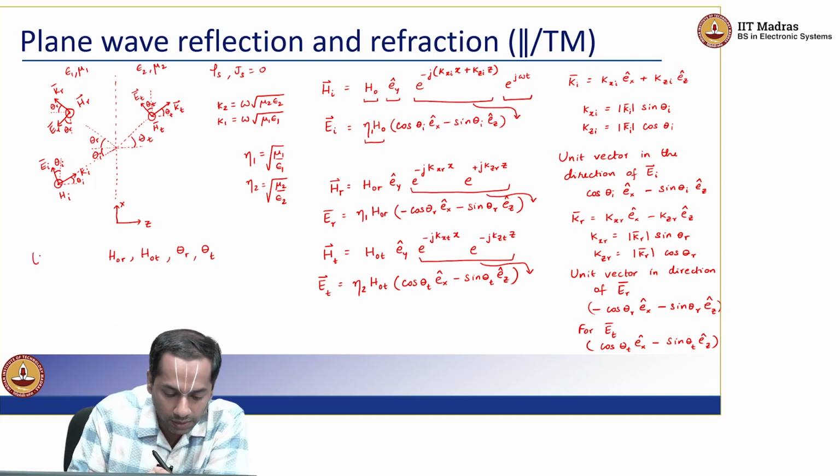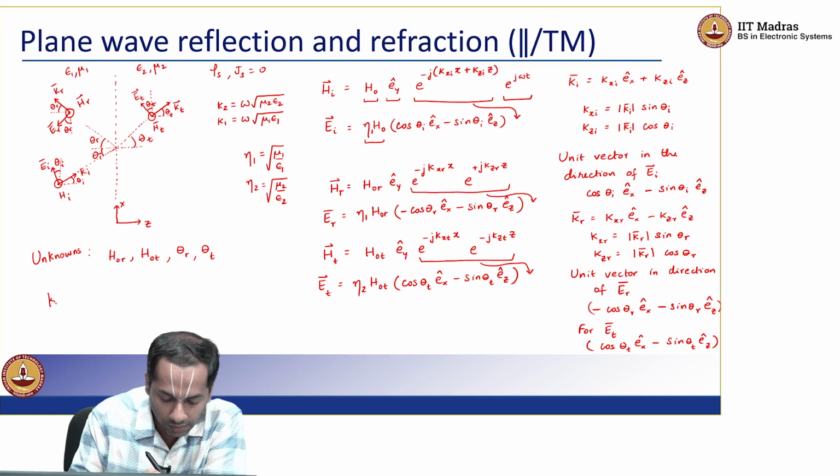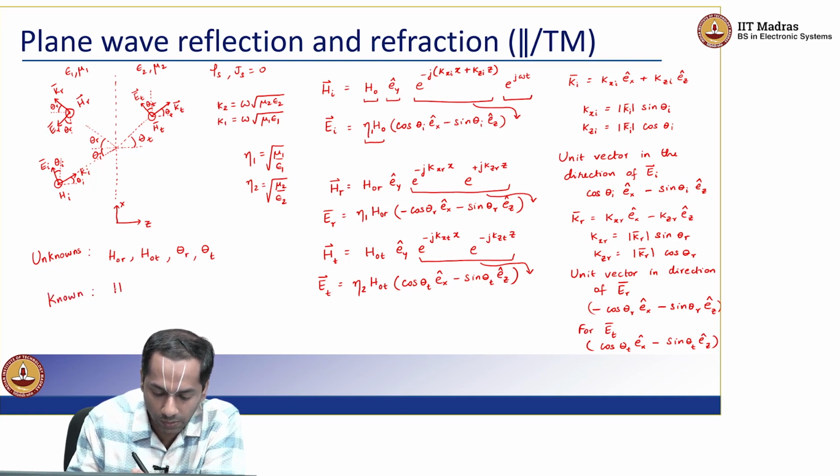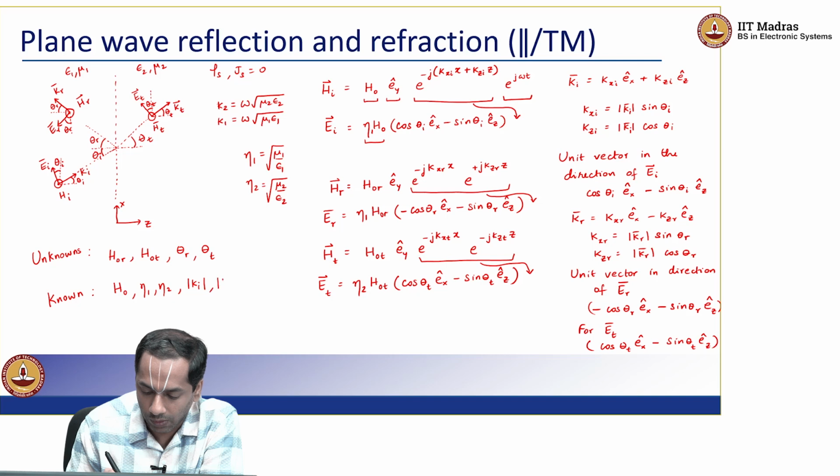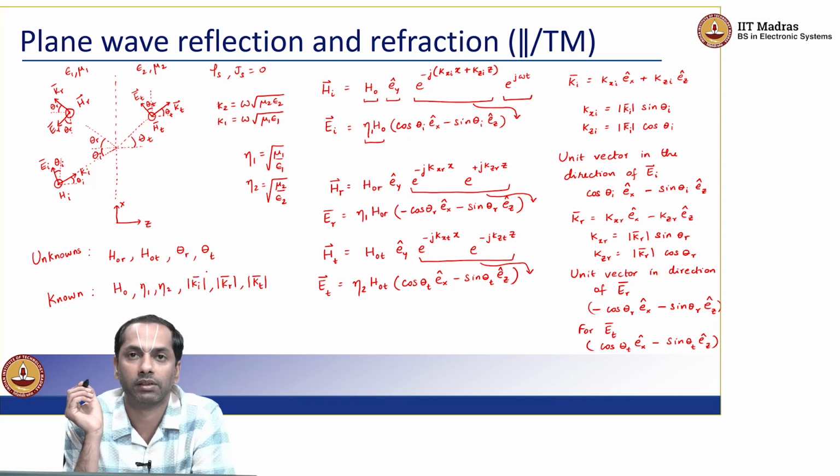So, let us call these unknowns and let us write down the known quantities. H0 is known, eta 1, eta 2 are known. Remember mod Ki, mod Kr and mod Kt are all known quantities.